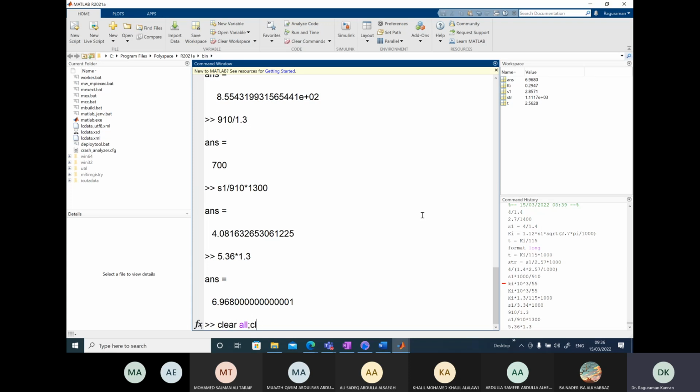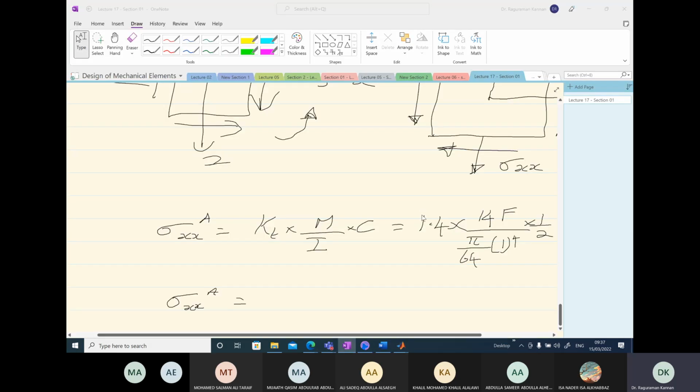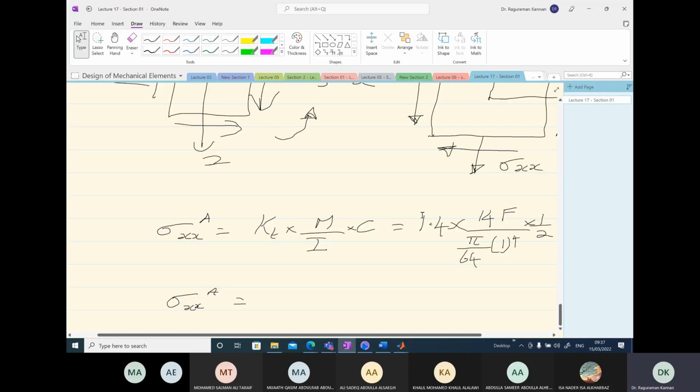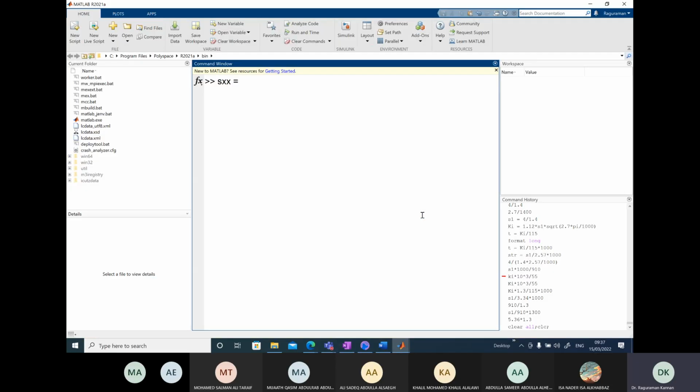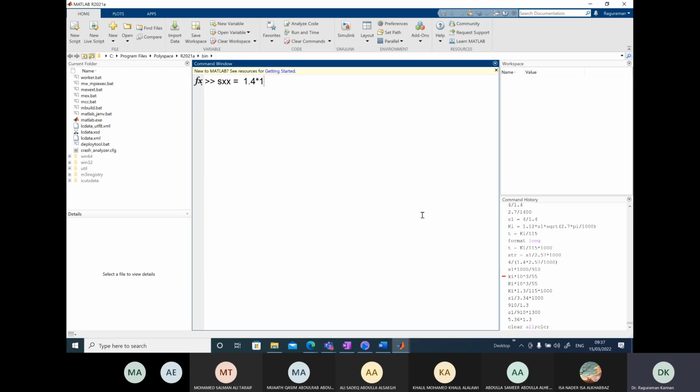So let's clear everything, just in case we have some variable declared in memory. I'm calculating the stress in the xx direction, which will be 1.4 times 14F.